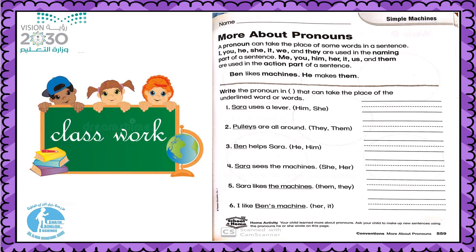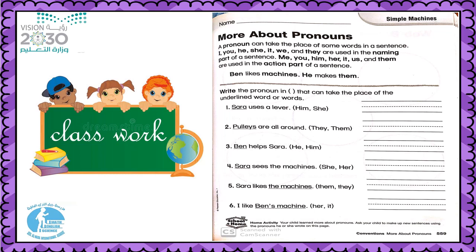Now write the pronoun in the parentheses that can take the place of the underlined word or words. Number 1. Sarah uses a lever. The line is under the noun Sarah. It's in the naming part in the beginning of the sentence.